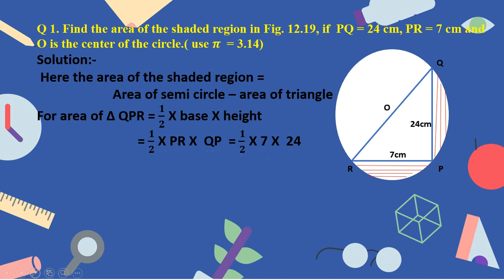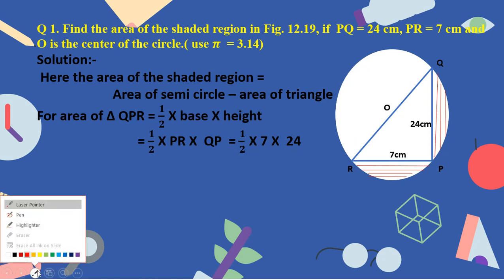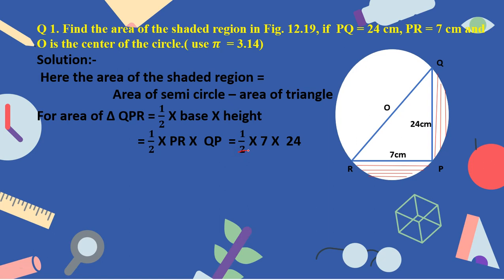When we simplify this by cancelling 2 and 24 by 12, we get 7 into 12, 84 centimeters square, which is the area of this triangle. Now we have to find the area of the semicircle. So for the area of a semicircle, as we know, a semicircle is half of the circle.